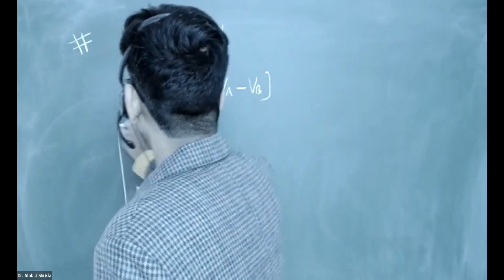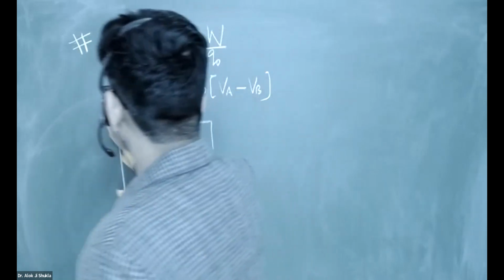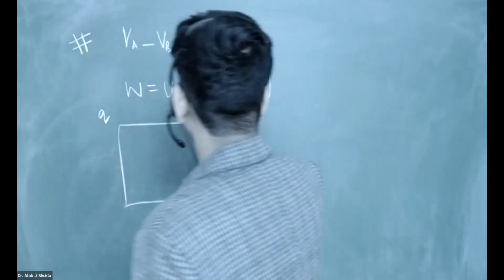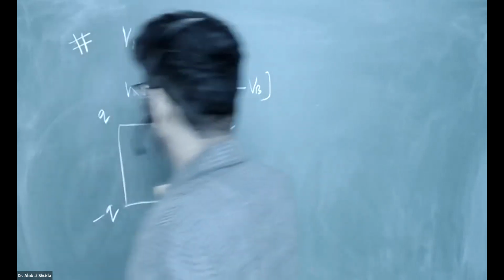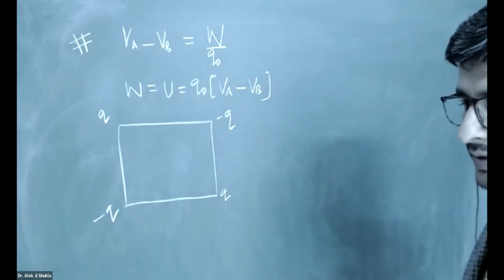मान लो एक question given है that suppose 4 charges are arranged like this, and what is the energy of such a configuration?